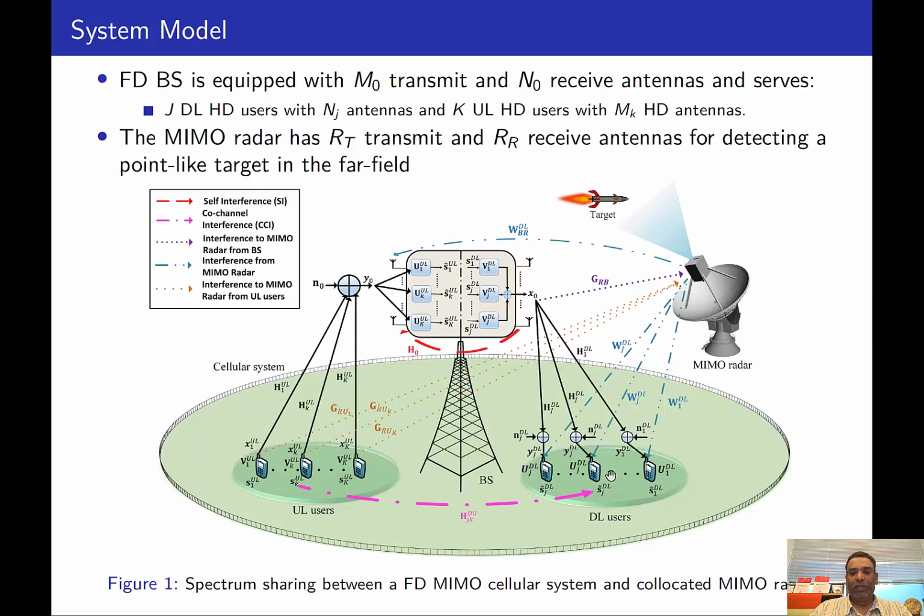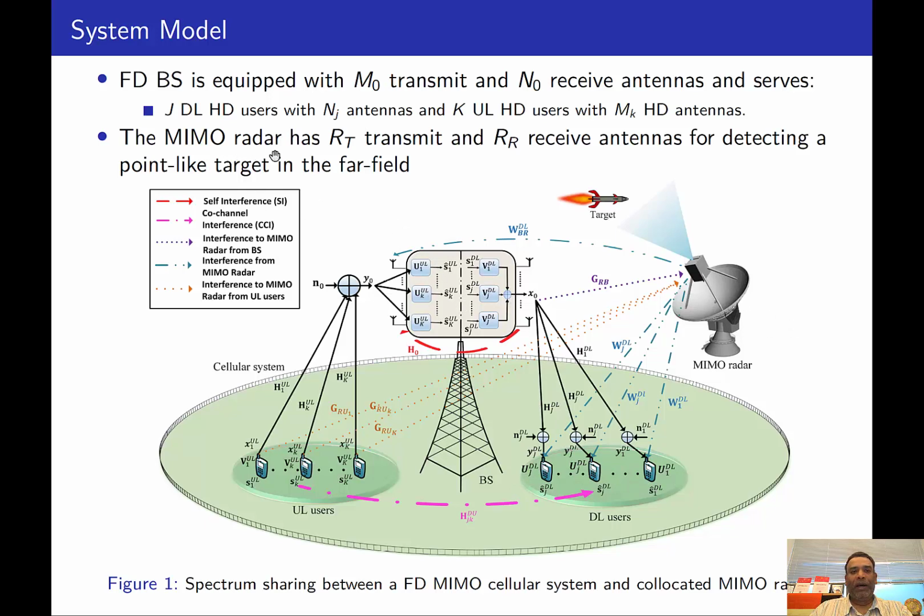These users are half duplex. This base station is full duplex, and there are K uplink users, and they are equipped with M_K transmit antennas. These downlink users are equipped with N_J receiving antennas. So these users are half duplex, and this base station is full duplex.